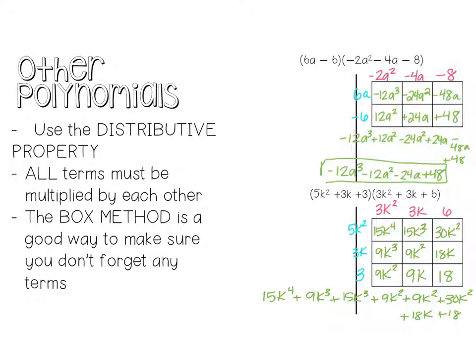So I can combine lots of things here. Basically, if the exponent is the same, it can be combined. So that's 15k to the 4th plus 24k cubed plus 48k squared plus 18k plus 18.